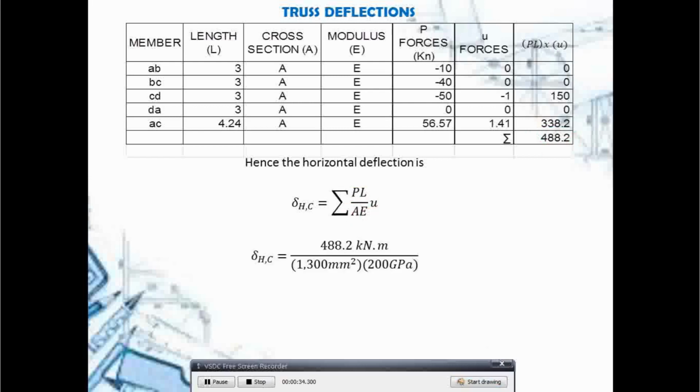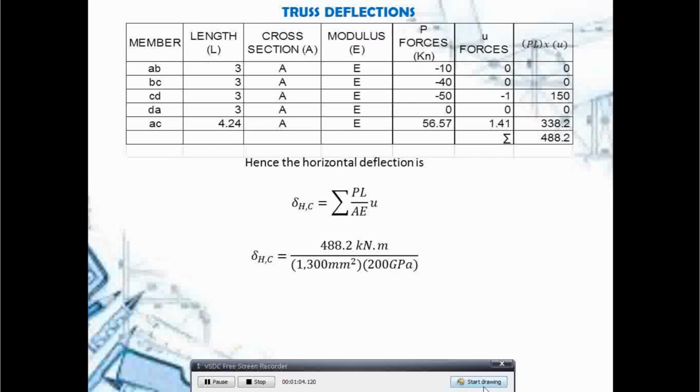So, substituting yung value ni A na 1,300 mm squared at saka yung 200 gigapascal. Now, do not input these values directly in your calculator. You have to be consistent with your units. Kilonewton ito. Gigapascal is kilonewton per meter squared.